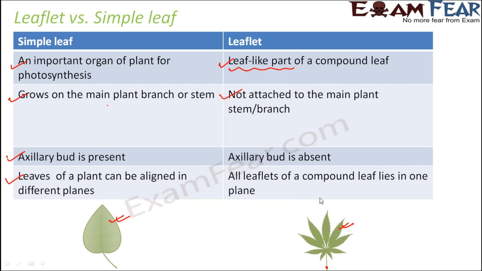But if I talk about the leaflets of a single compound leaf, they all have to lie on one plane, because I'm talking about one particular compound leaf. So all the leaflets need to be arranged on the same plane. So these are some of the important differences between a leaflet and a simple leaf. So therefore never get confused between a simple leaf and a leaflet.